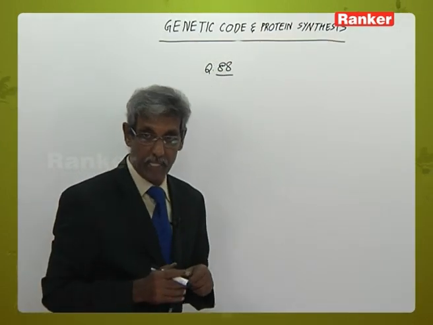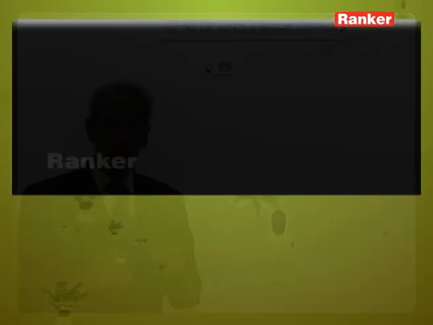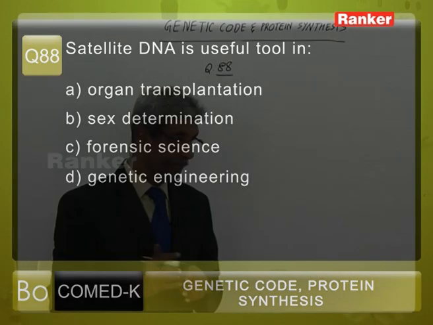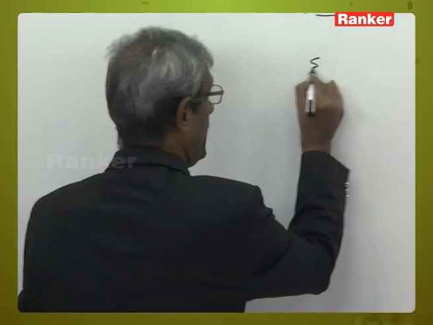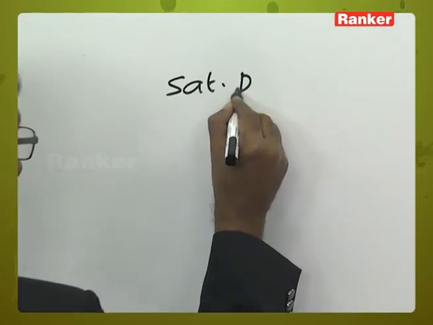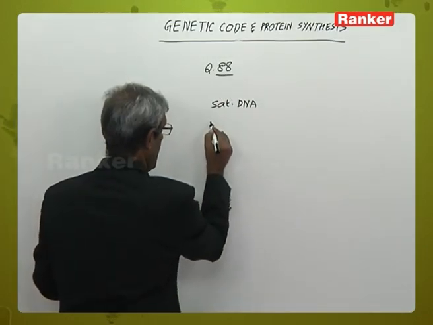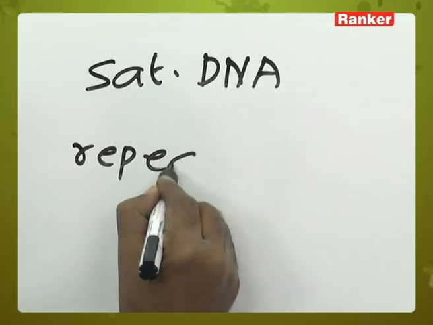Question number 88. Satellite DNA is a useful tool in A. Organ transplantation, B. Sex determination, C. Forensic science, D. Genetic engineering. Whenever we take satellite DNA, satellite DNA has repeat sequences.